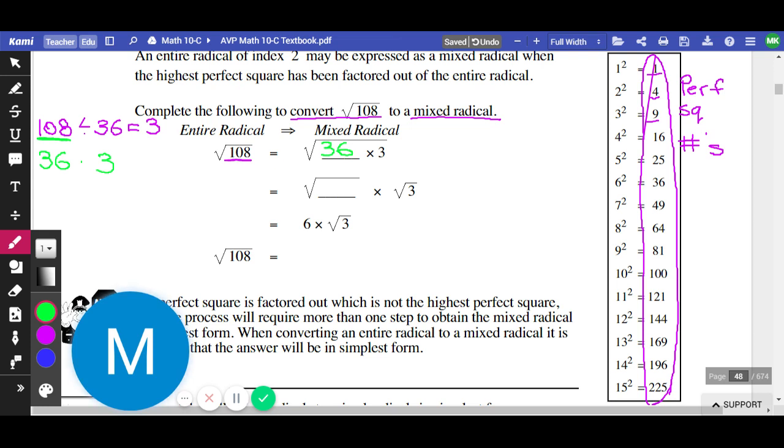The reason that would be beneficial for us is the lesson we learned, where we can take 2 radicands and chop them in half. If we have 2 radicands multiplied together, we can break them up and create 2 separate radicals: one with 36, one with 3.